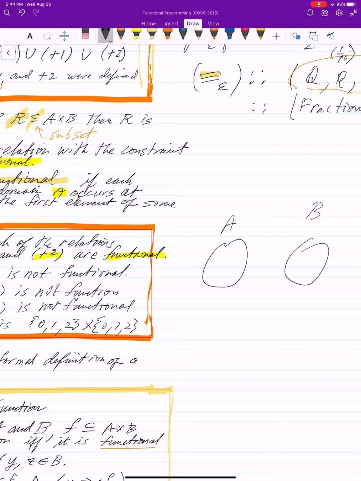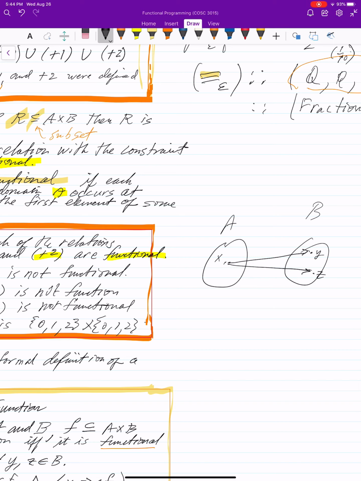So what's not allowed is that you can't have some set A and some set B, and any point X that goes off to 2 different points. Now, this is perfectly okay in a relation. Like if the relation is parent of, you're going to have a father and you're going to have a mother.